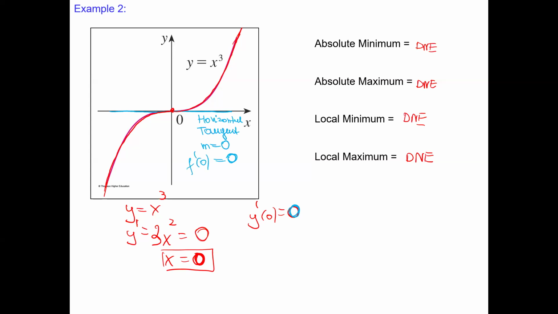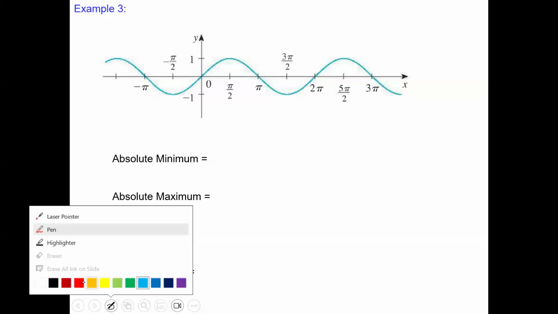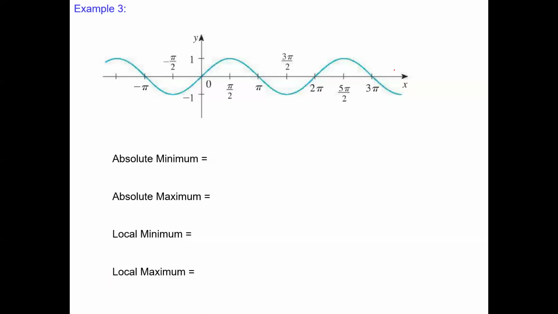Okay, interesting example. Let's look at example number 3. A beautiful sine curve. This is definitely the sine function, sine of x. Everybody recognizes this. Now, the absolutely highest and absolutely lowest points: we can see 1, negative 1, 1, negative 1. That means the absolutely lowest point is negative 1 and the absolutely highest point is positive 1.